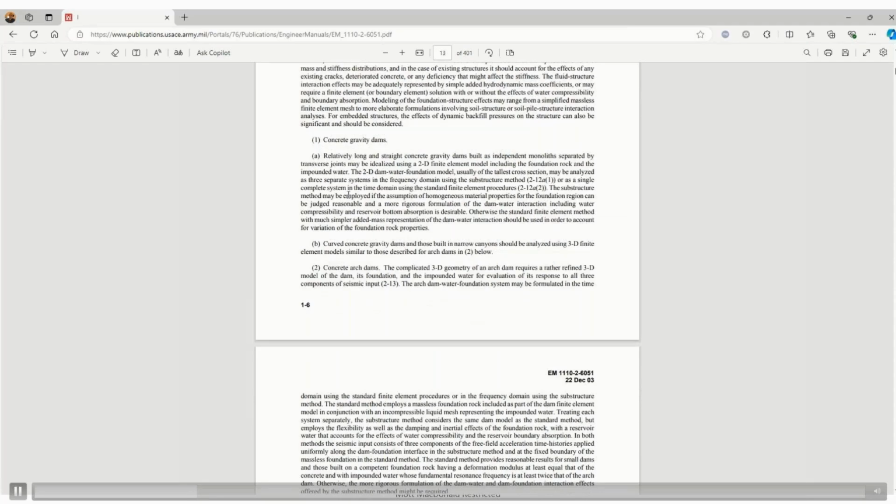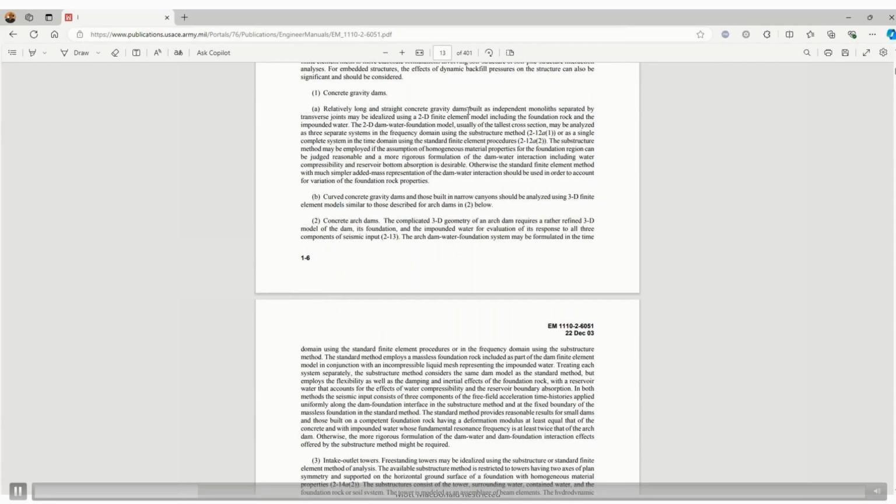Now to concrete gravity dams. Let's read this. A relatively long and straight concrete gravity dam built as independent monoliths separated by a transverse joint may be idealized using a 2D finite element model, including the foundation rock and impounded water. The 2D dam water foundation model, usually of the tallest cross section, may be analyzed.